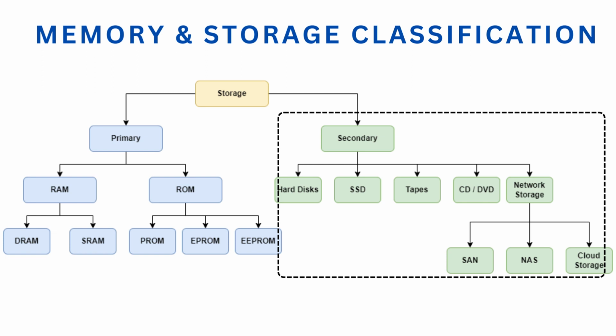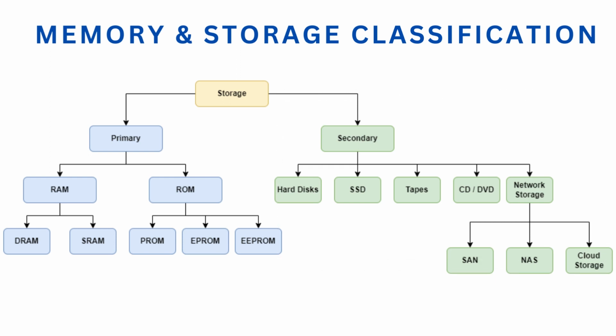So, secondary memory is permanent memory and non-volatile, meaning the data we save will be there even when we switch off the device. Under secondary memory, we learn about hard disk, SSD, CD, DVD, Blu-ray, magnetic tape, and flash memory. We will learn about these in detail.